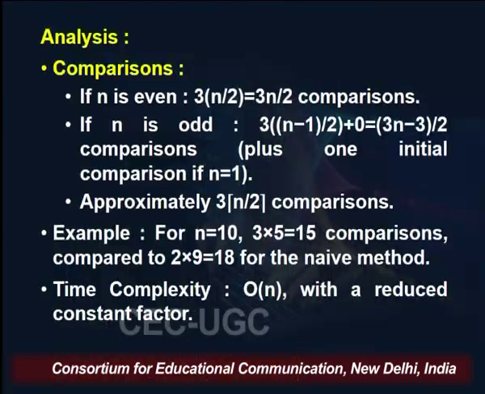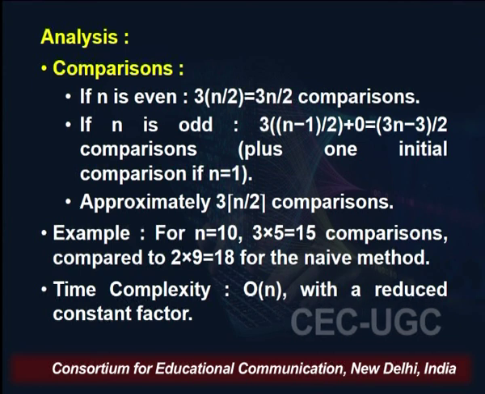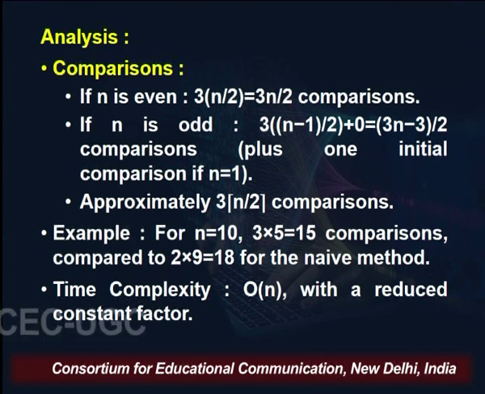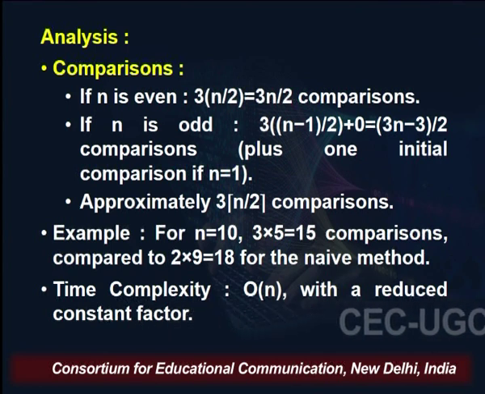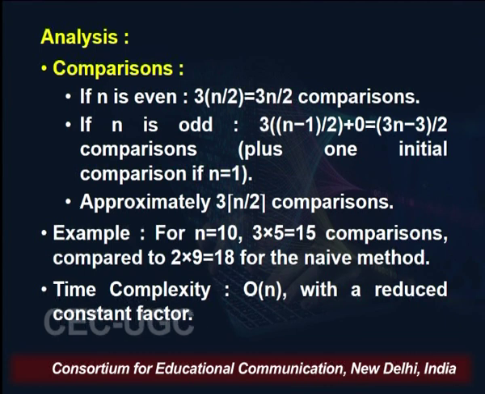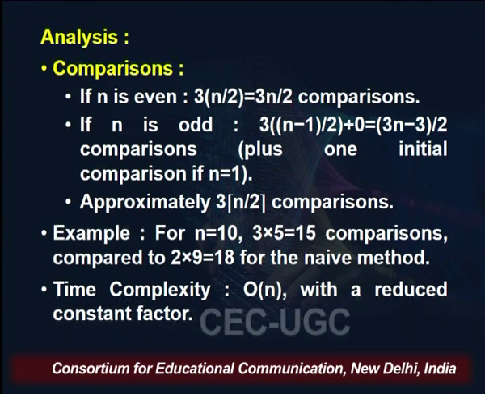For this improved simultaneous minimum and maximum algorithm, if n is even, it has 3 into n by 2, which is 3n by 2 comparisons. If n is odd, it has 3 into (n minus 1) by 2 plus 0 comparisons, which after a simple calculation comes to (3n minus 3) by 2 comparisons, plus 1 initial comparison for n equals 1.